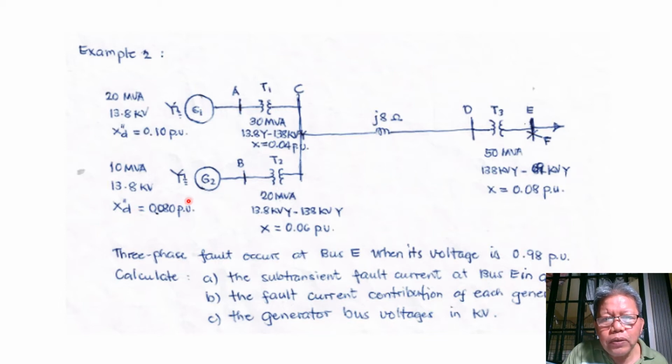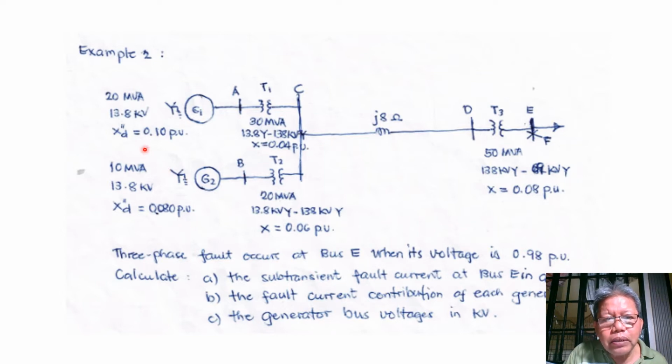In the same way, generator 2, having an MVA rating of 10 MVA and voltage rating of 13.8, is also represented by its sub-transient reactance XD double prime equal to 0.08 per unit.